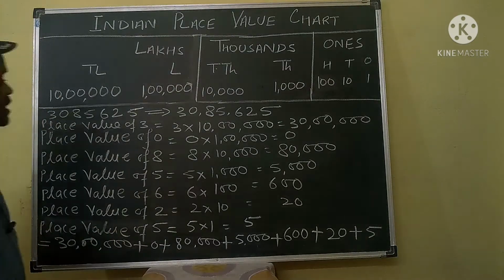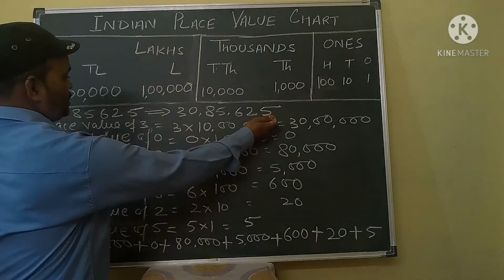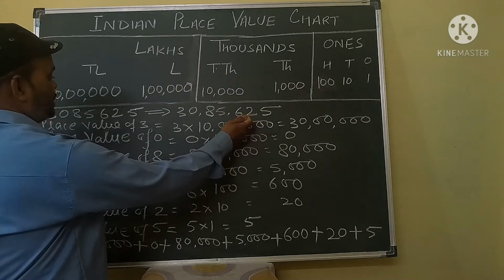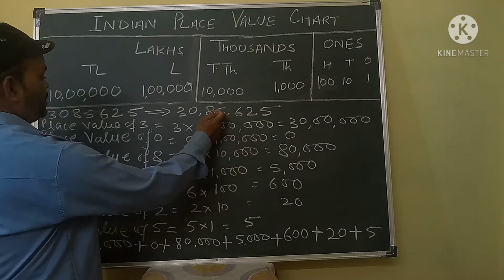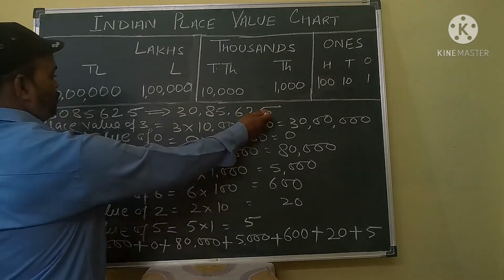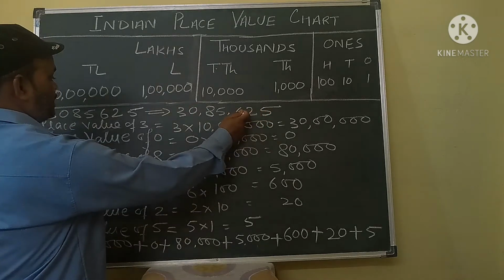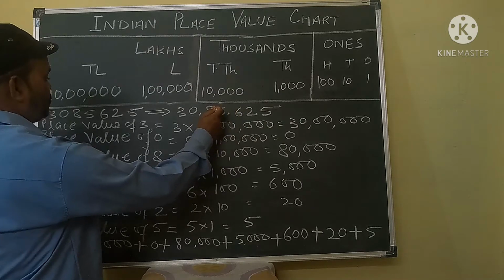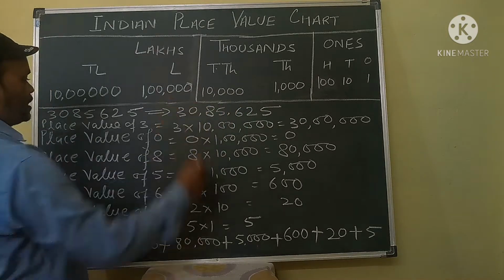So this is ones, tens, hundred, thousand, 10,000, lakh, 10 lakh.